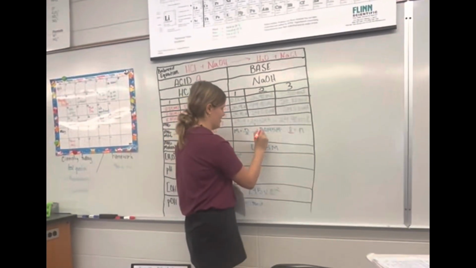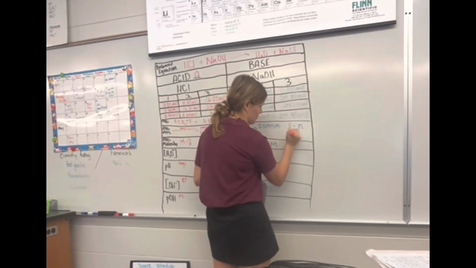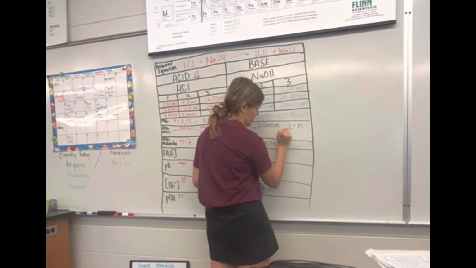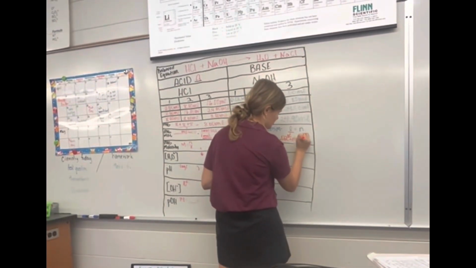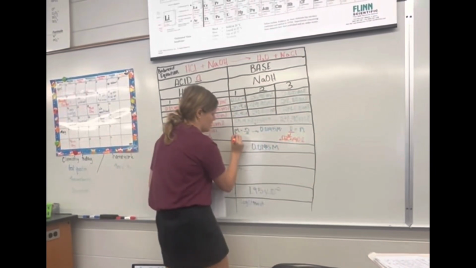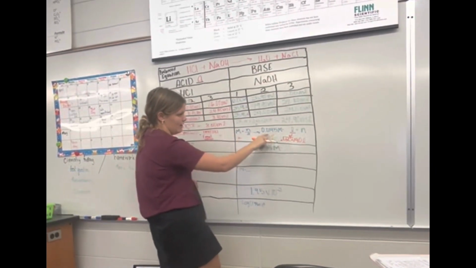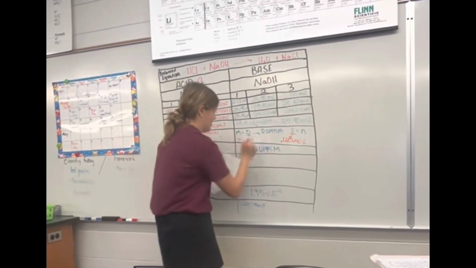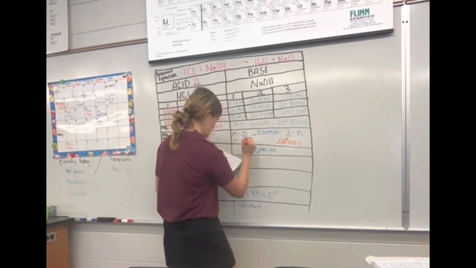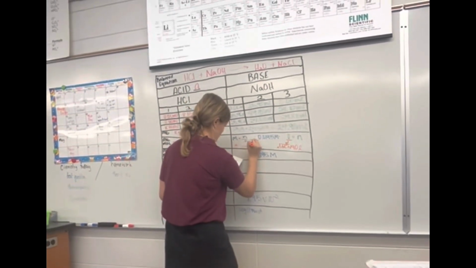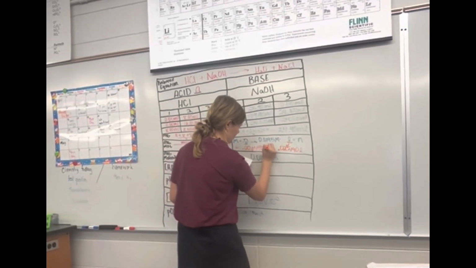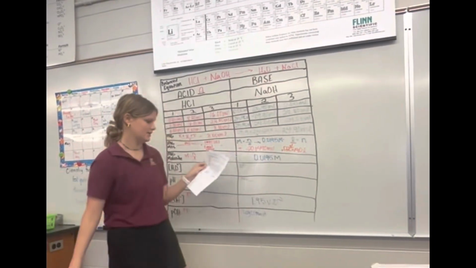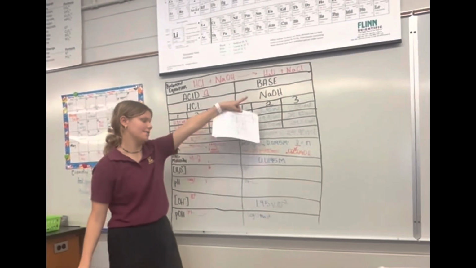So we're going to divide that by 1,000 to get 0.0249 liters. We're going to multiply that by the molarity to get 0.000490 moles. That is the amount of moles used for NaOH.